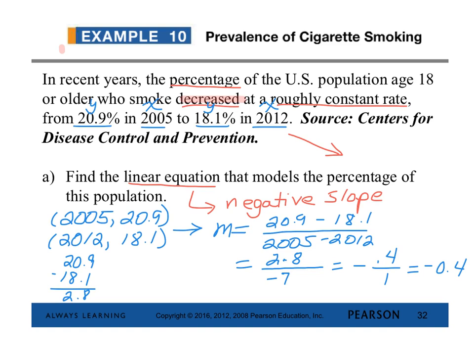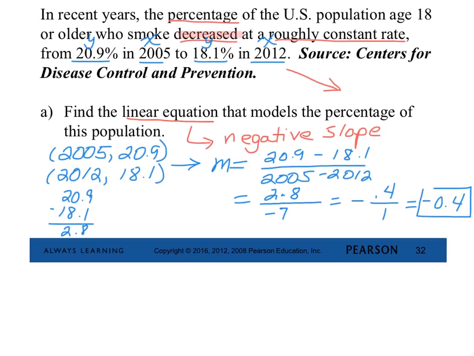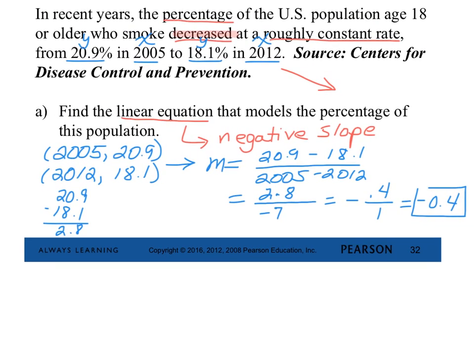So I now know that the slope is -0.4. And I'll take my first point to use for my x and y.